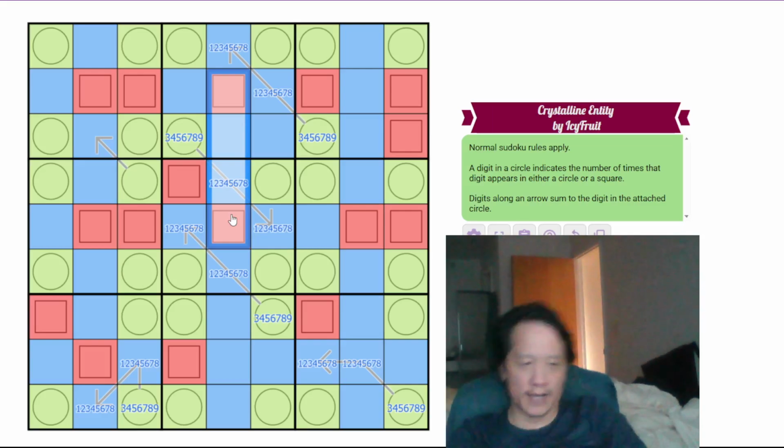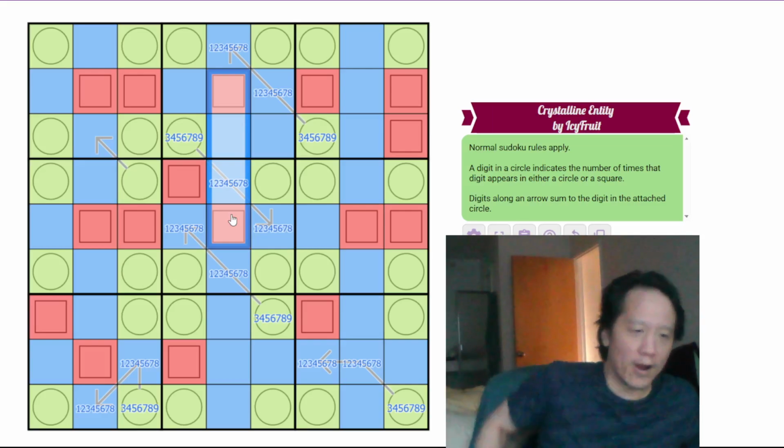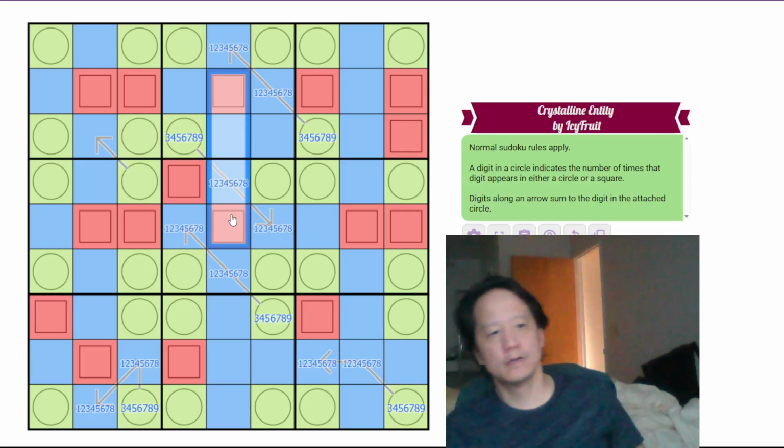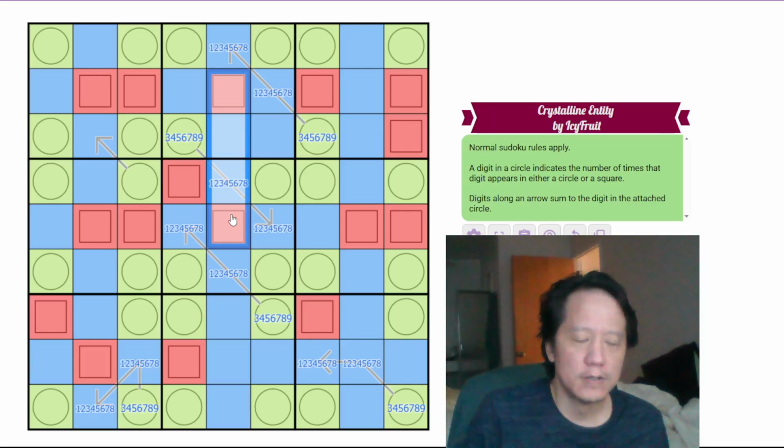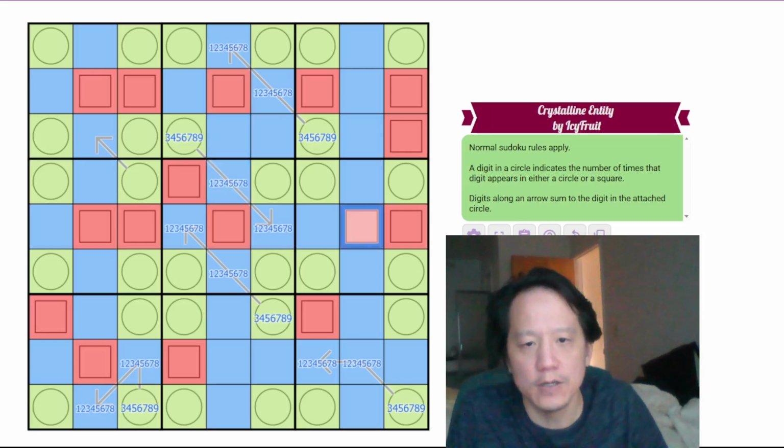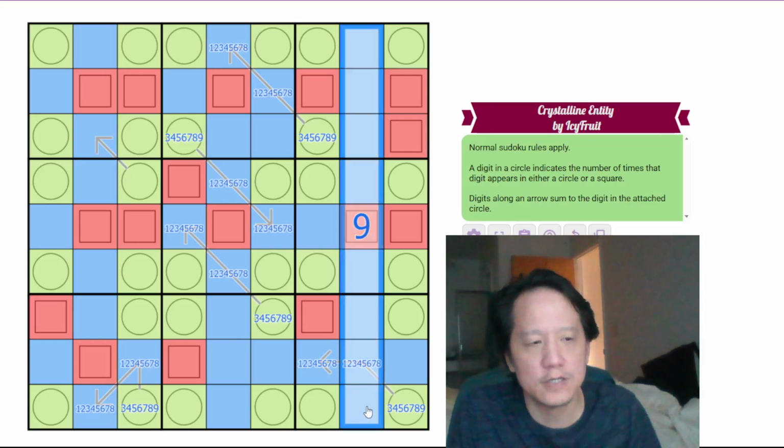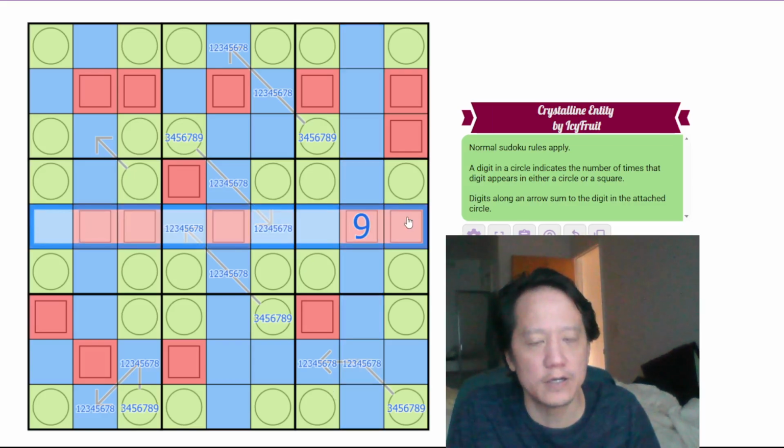Okay, if 9 is in a circle, where does it have to be? 9 would have to be here, because that's the only digit that's in a circle or square in column 8. So none of these could be 9.